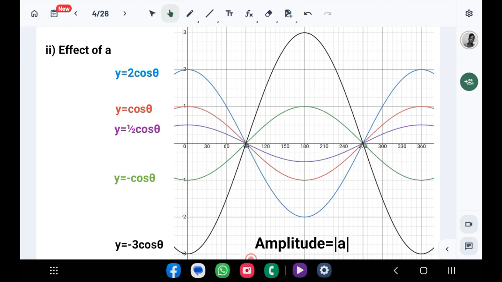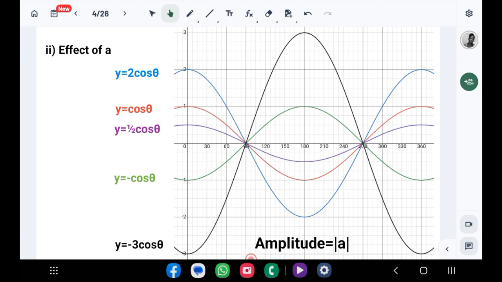Also, remember something. Your amplitude is the absolute value of A, meaning that it basically is just a measure of the length. We're not really concerned about the direction. The direction just determines what the graph is going to look like in terms of shape. It does not determine the length of the amplitude.